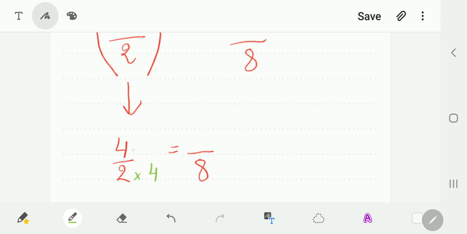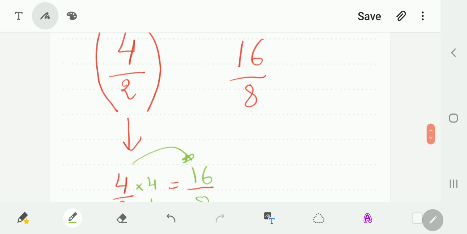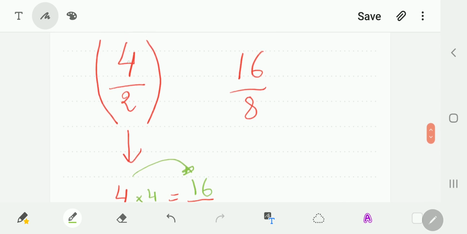And then 4 times 4 equals what? 16. So now 4/2 is equal to 16/8. So I go back here, I say, oh, exactly, 4/2 and 16/8, they are equal.